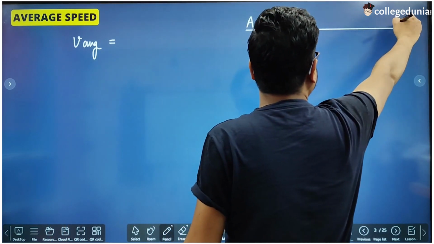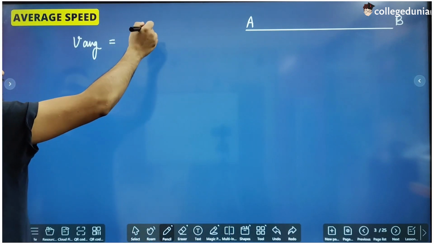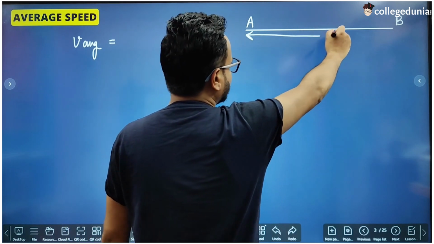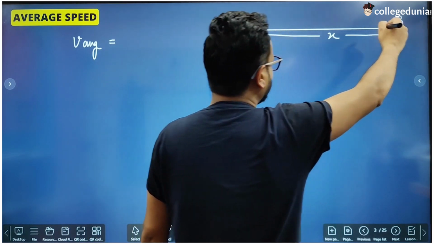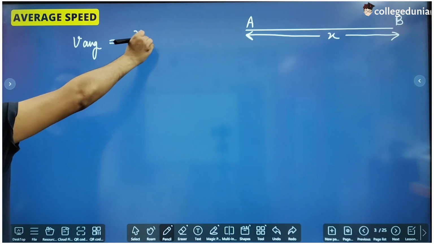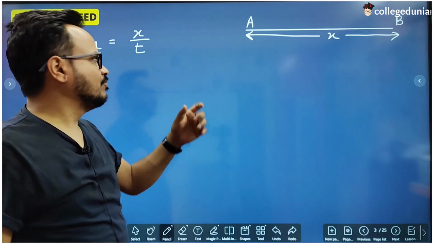So this body is moving from A to B, so suppose the total distance from A to B is x, and the body has taken a time t. So average speed is x by t, which is the total distance covered.